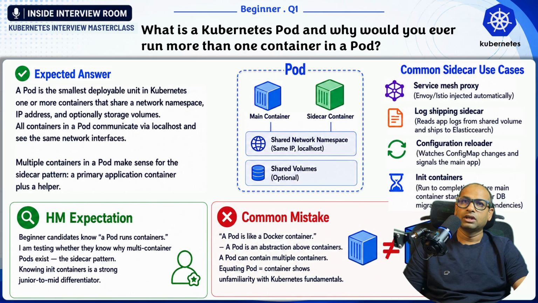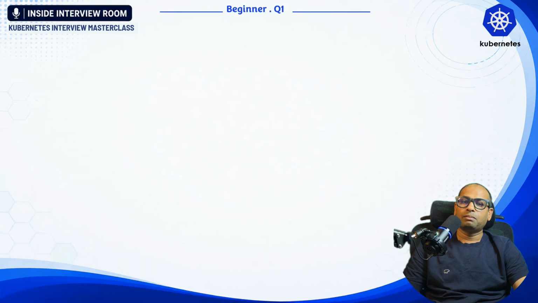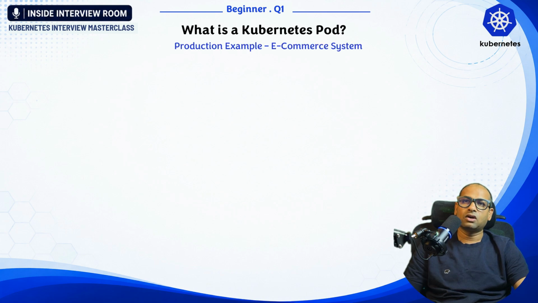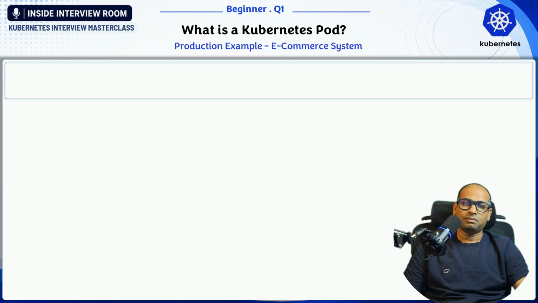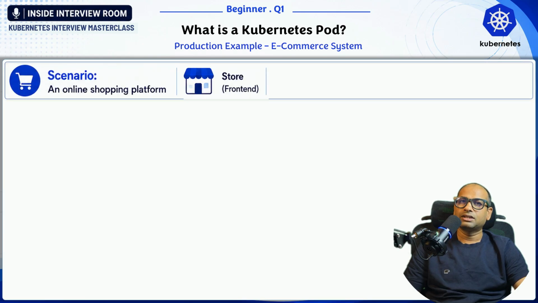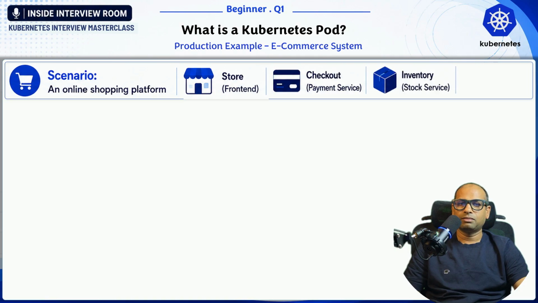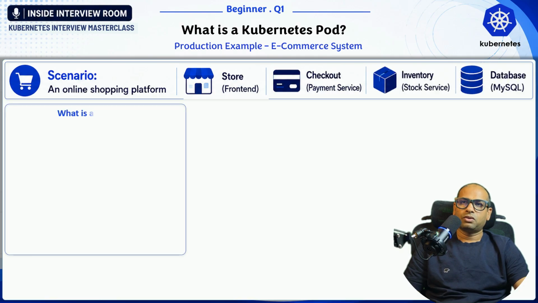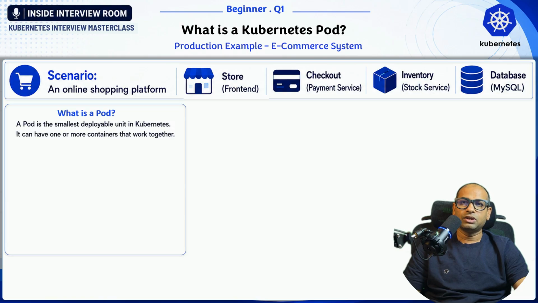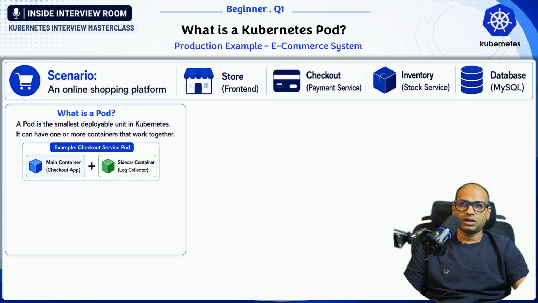So this is smooth. Let's see a production example in an e-commerce system. What is a pod? This is an online shopping platform: storefront, checkout, payment service, inventory stock service, and the MySQL database. So what is a pod? A pod is the smallest unit in Kubernetes. It can have one or more containers that work together. For example, a checkout service pod: main container, checkout app, plus a sidecar container for log collection.